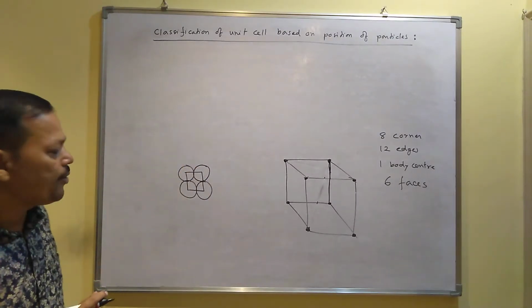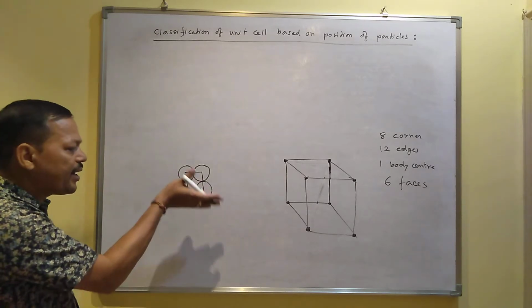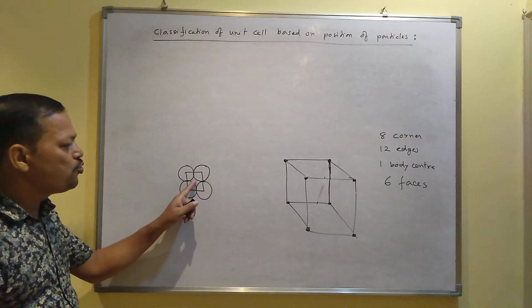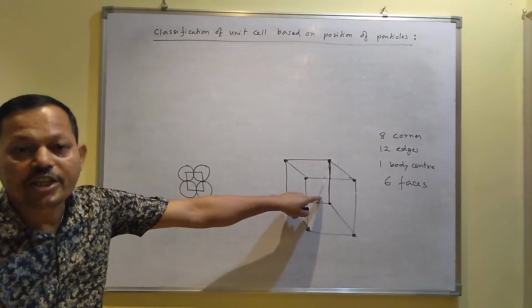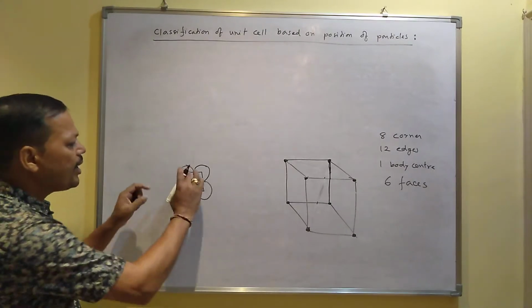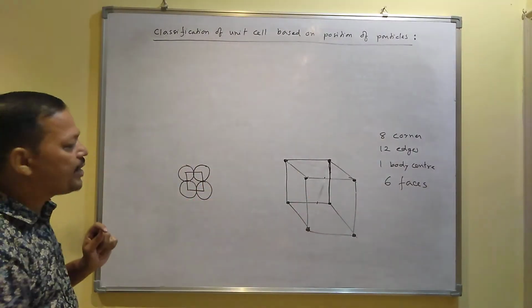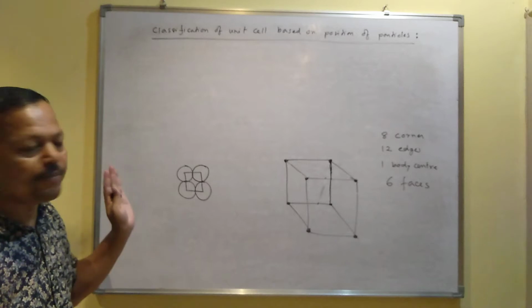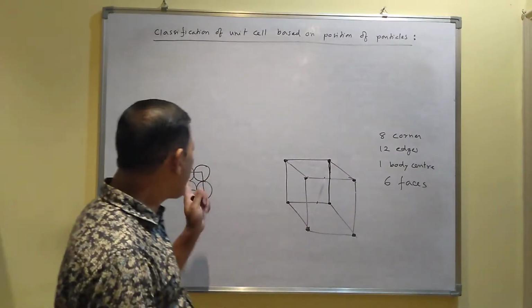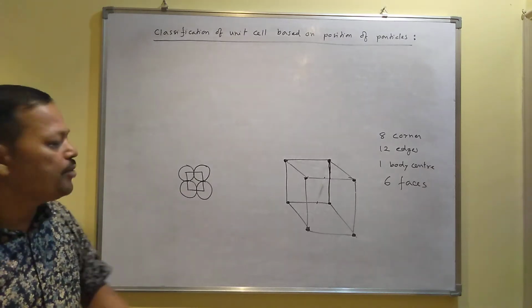You will get a square. Now if you place another 4 marbles above this layer, then the square will be converted to a cube. I mean this type of structure you will get, and that is called a unit cell. Like this you will get a number of particles in your lattice, I mean a number of cubes you will get. That number of cubes when you arrange, then that is called a lattice, and one of the cubes is said to be the unit cell.